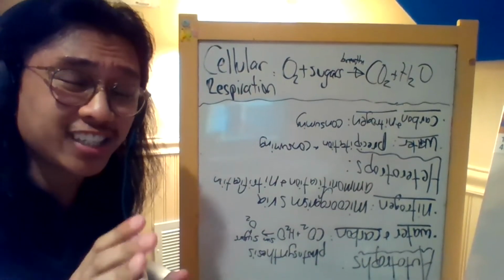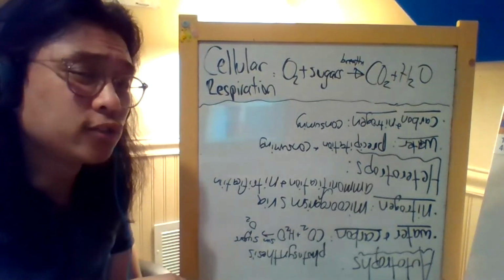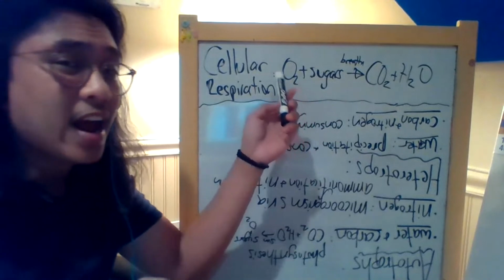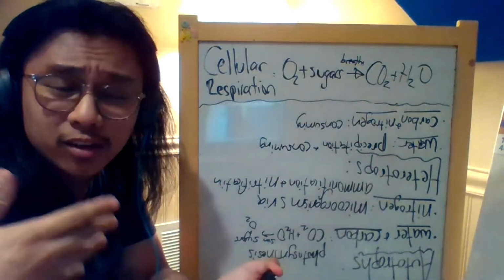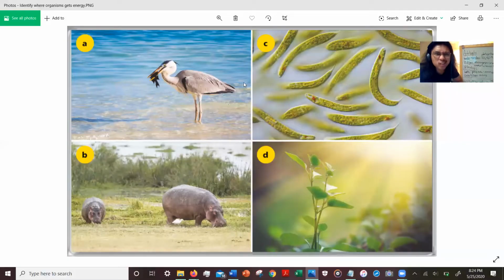Cellular respiration is the opposite of photosynthesis, where both autotrophs and heterotrophs use their stored sugar in order to conduct their daily processes. To close, let's look at these examples. A and B are our heterotrophs, our consumers.